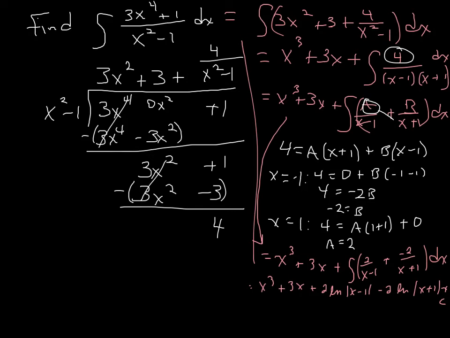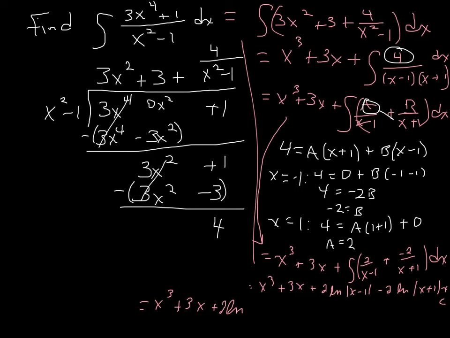And of course your book, multiple choice, AP, all of that is going to end up writing your answer as x cubed plus 3x plus the ln of, and you could leave that 2 outside. It does go into the exponent.